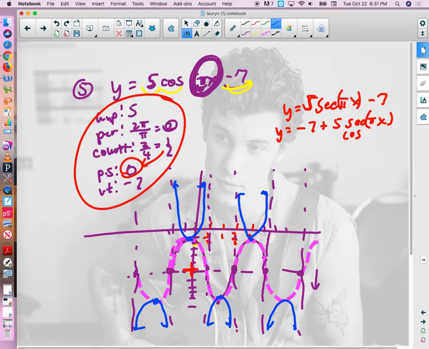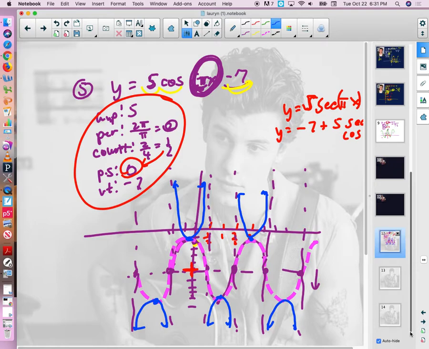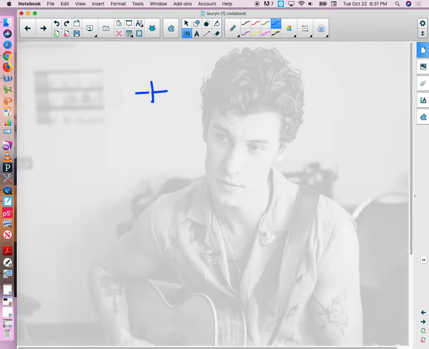So to graph cosecant later, when we start that on Thursday, wherever your midline and your phase shift are, you would draw a sine wave, get a little bit of it going. Everywhere it touches the midline, you'll have an asymptote.